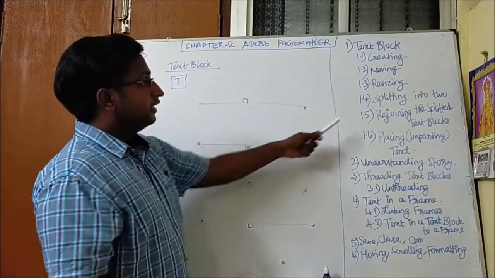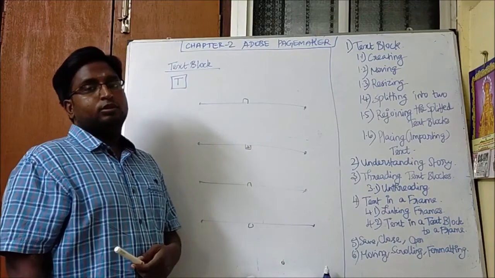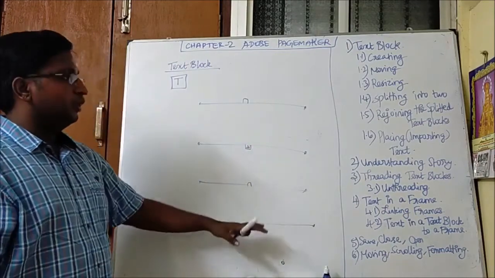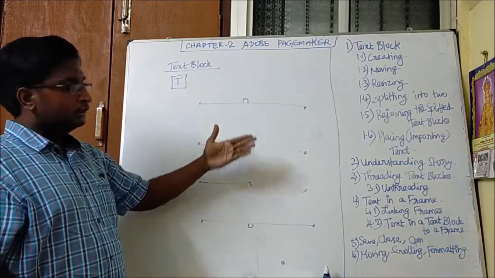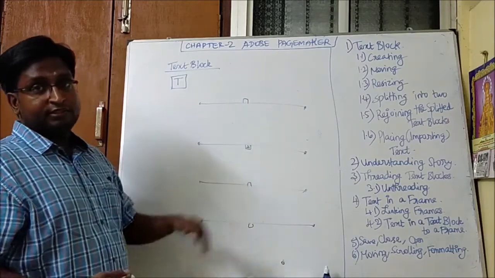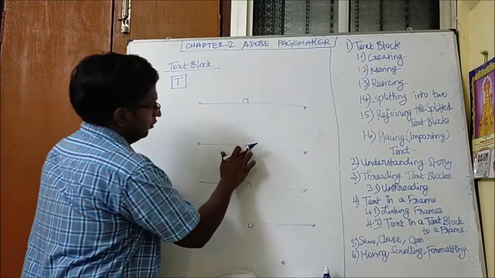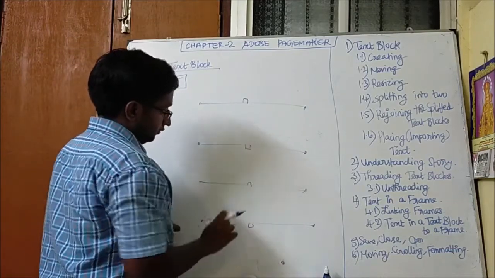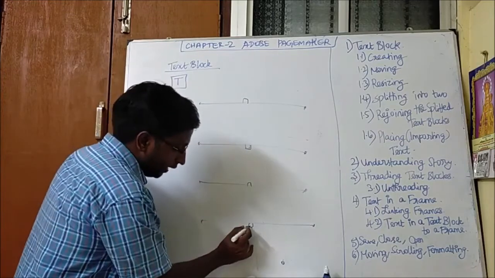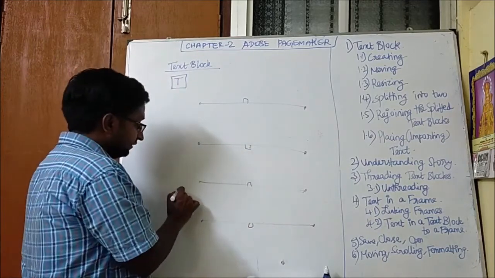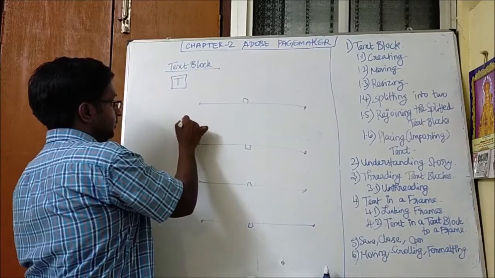The next one is rejoining the split text block. We have split the text block, and I want to revoke the action, so I have to rejoin the split text block. First step, you have to click the bottom handle of the second text block, not the first one.